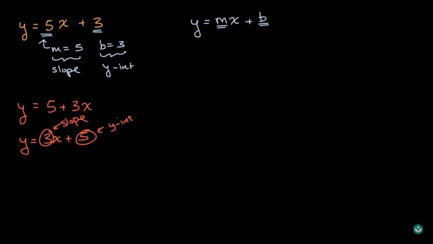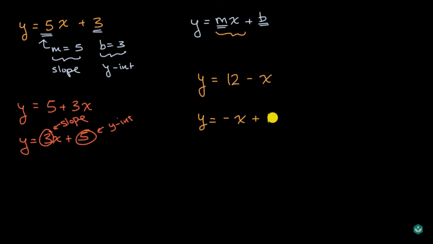Let's do another example. Let's say that we have the equation y is equal to 12 minus x. Pause this video and see if you can determine the slope and the y-intercept. All right, so something similar is going on here that we had over here. In slope-intercept form, we're used to seeing the x term before the constant term. So we might want to do that over here. So we could rewrite this as y is equal to negative x plus 12.